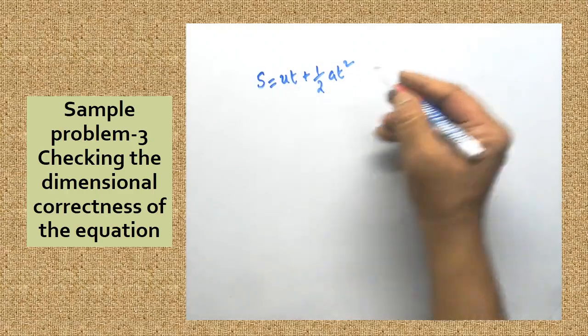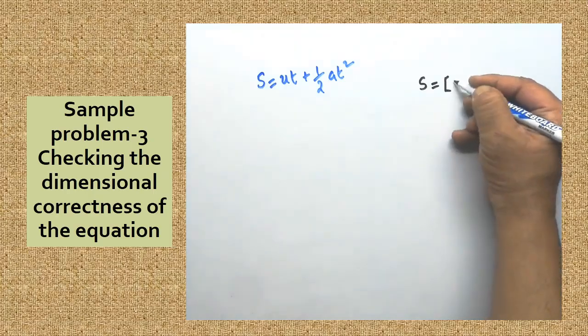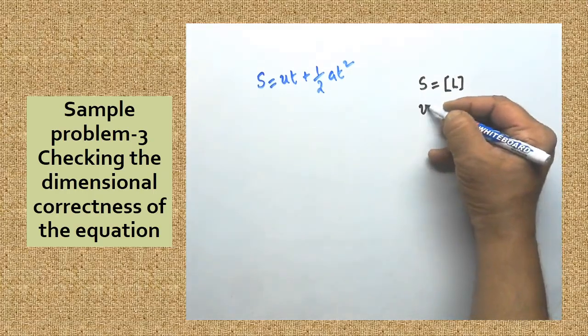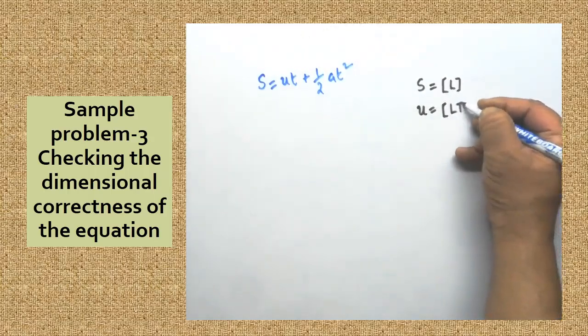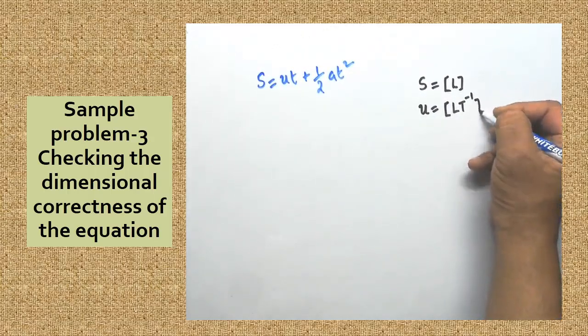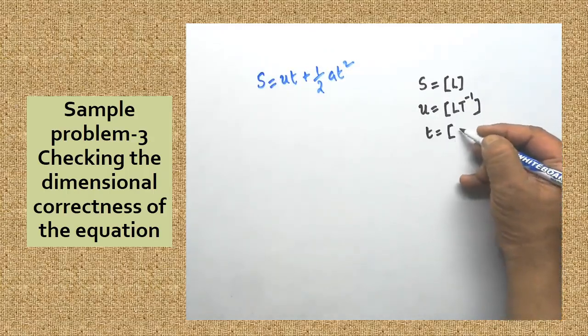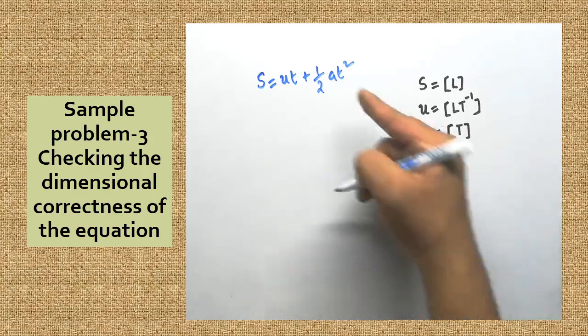First you should know what S is. S is nothing but displacement. Its dimension is L. What is the dimension of u? Initial velocity is u. Its dimension is LT^-1. T, time, its dimension is T. What is the dimension of a?